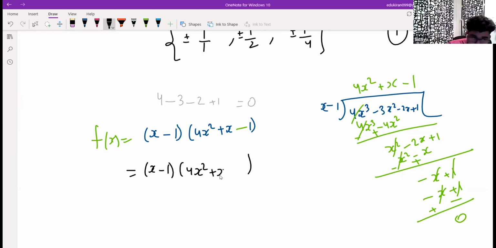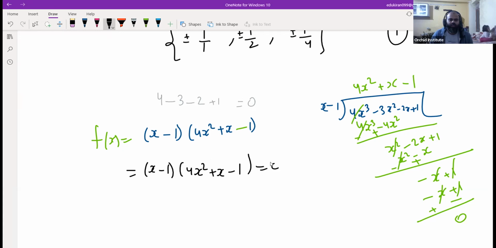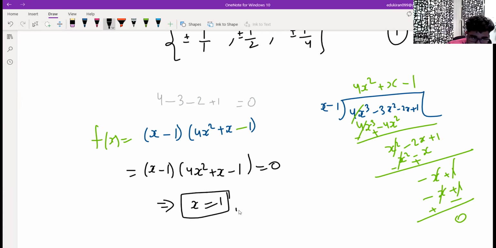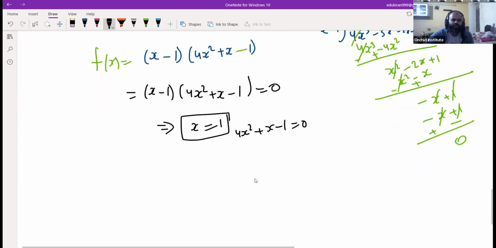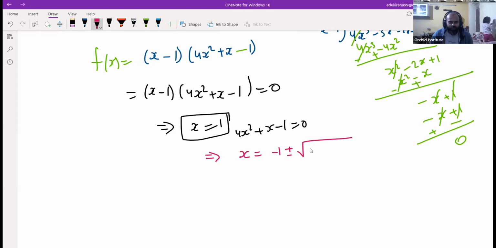So here you will equate it to 0, and you will say that either x is 1 or 4x square plus x minus 1 is 0. Now here middle term splitting is not possible. So you will write x as minus b plus minus root over b square minus 4ac by 2a.